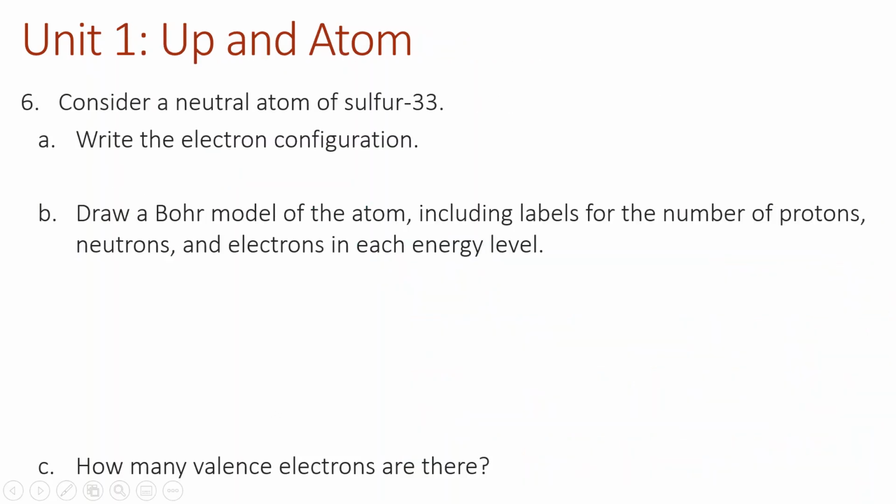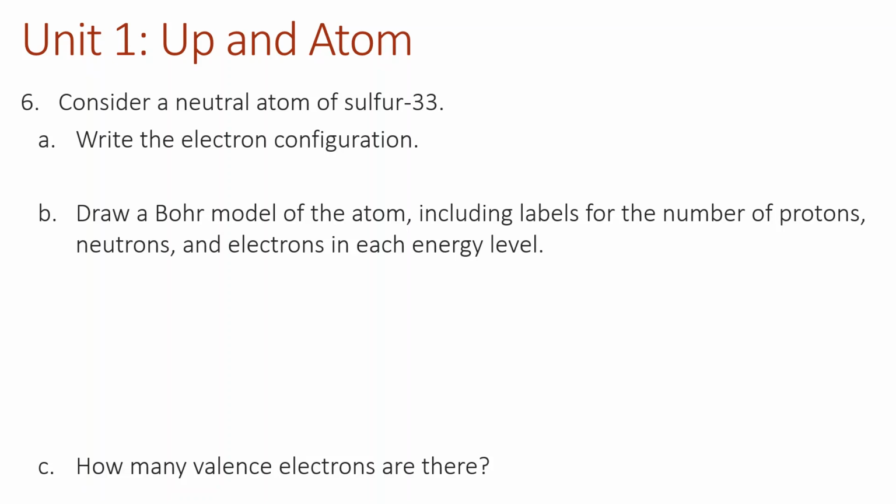In question 6, we want to write the electron configuration for sulfur 33. So a little bit of information about the way that that's written. Sulfur 33 is indicating to you that this particular atom of sulfur has a mass number of 33.